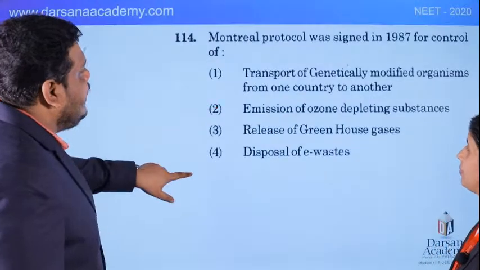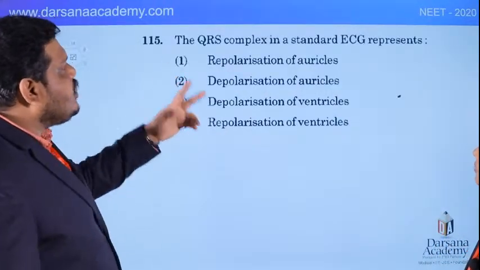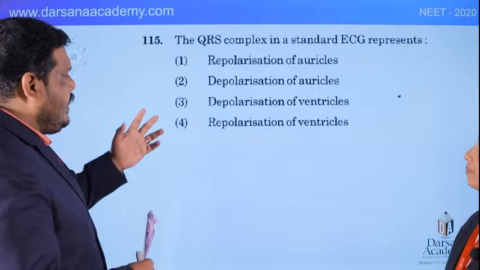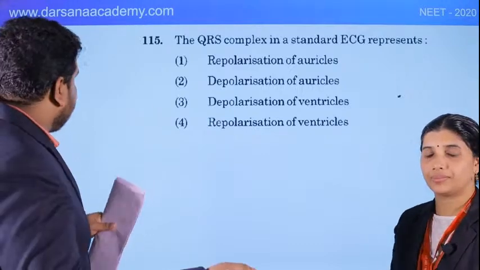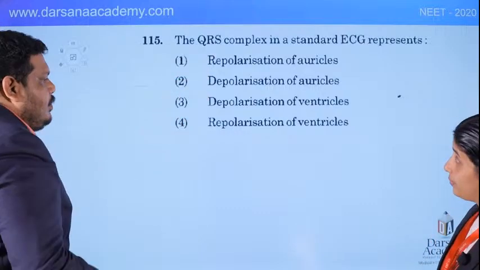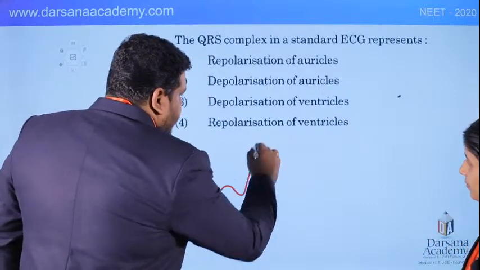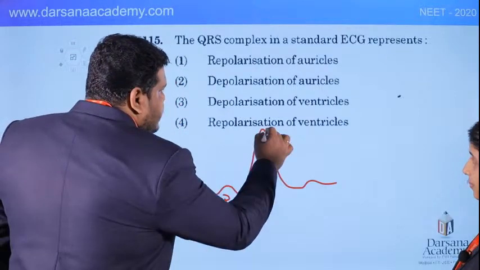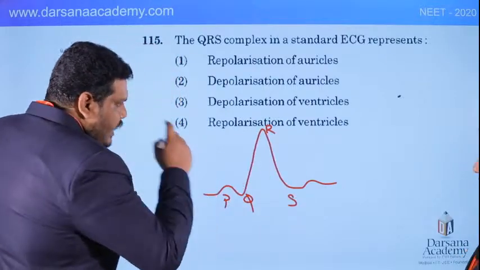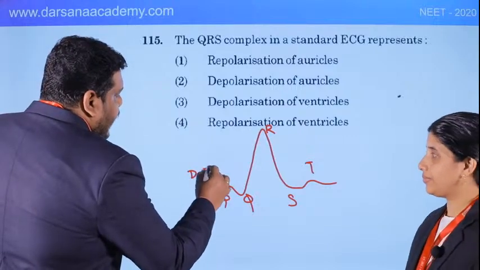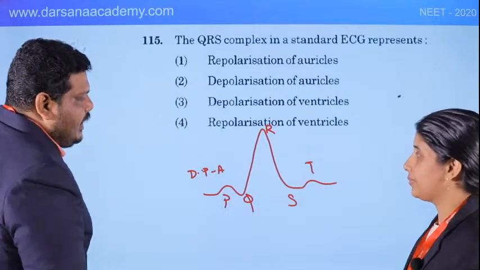Next, the QRS complex in a standard ECG represents what. Okay, QRS complex, as you know, is from the ECG, from the chapter on circulation in first year human physiology. This is the P wave, this is the Q wave, this is the R wave, this is the S wave, and this is the T wave. P is the depolarization of atria.